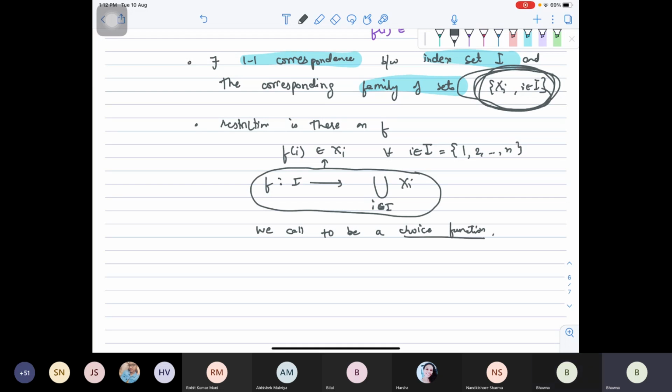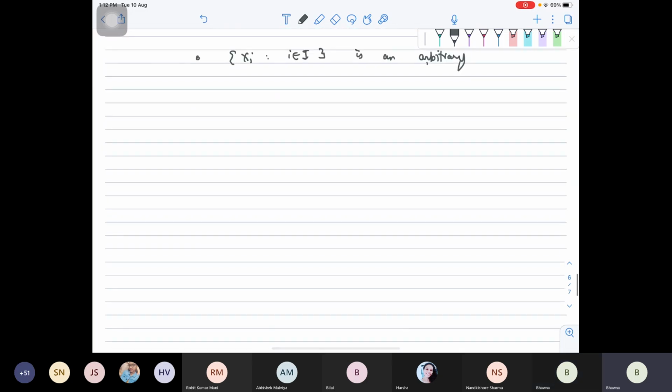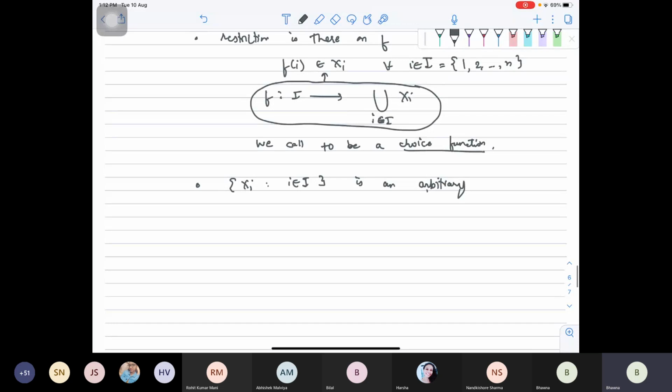Okay. So now in this way, I can define a product of an arbitrary family of non-empty sets. Suppose Xi with the index set I is an arbitrary family of non-empty sets.